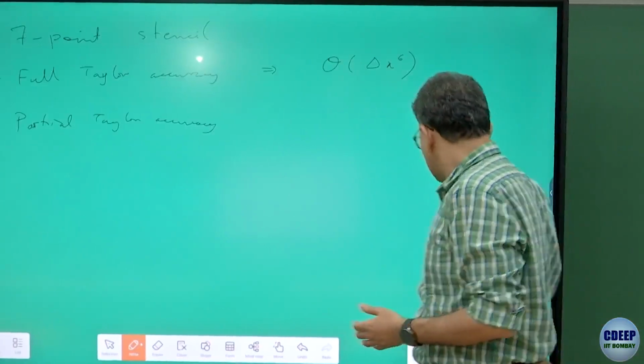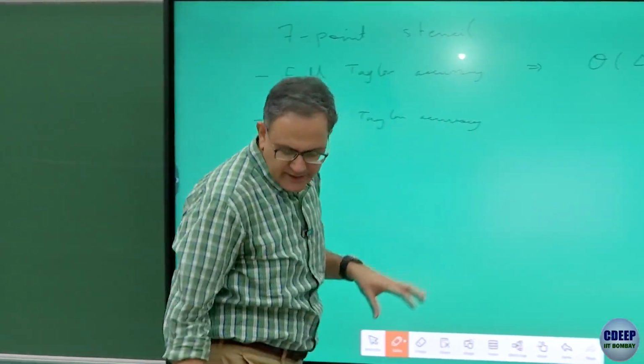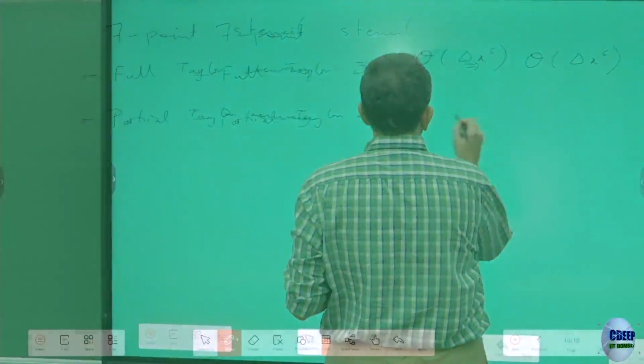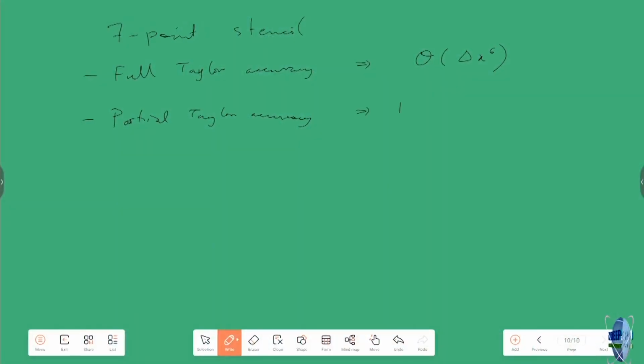So what he proposed is that I will reduce the expected Taylor accuracy by 1. So now you would know this.